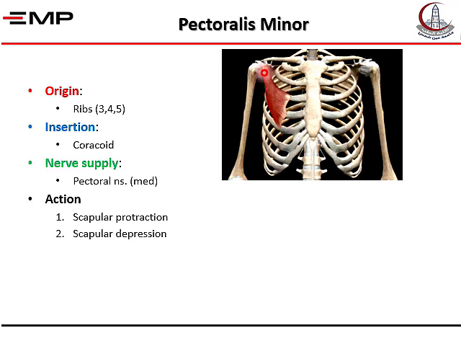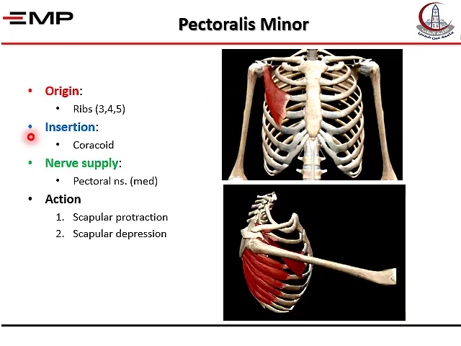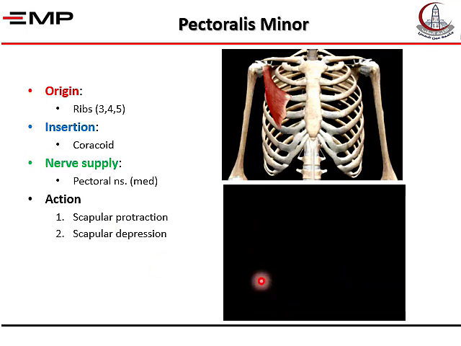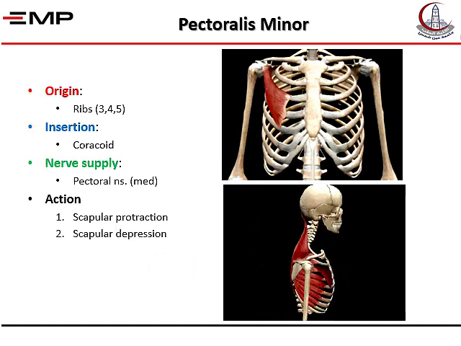It is supplied by the medial pectoral nerve, which pierces it. Its actions are to protrude the scapula, or protraction of the scapula, acting together with the serratus anterior, and depression of the shoulder.